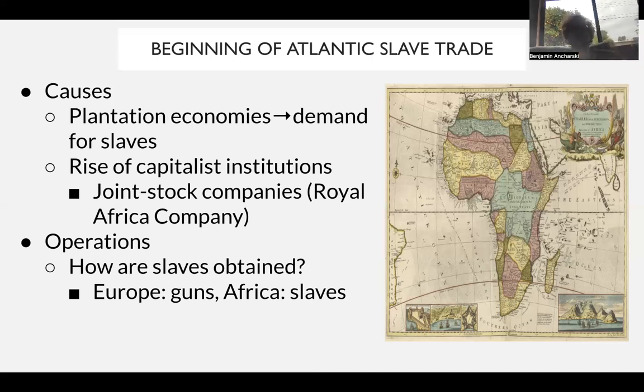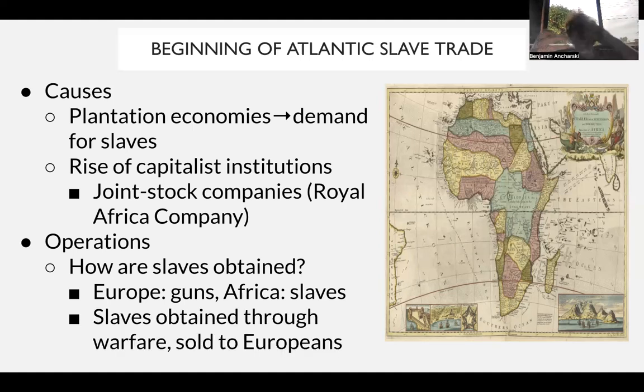It's important to understand that there isn't really a solid ethnic group in West Africa. That should be obvious by now in our class. But it is a mixture of different societies, different ethnicities, different states that oftentimes are already competing with each other. So we do see that this competition between African states will lead to warfare, and that warfare is going to result in the capturing of human beings to be sold as slaves.